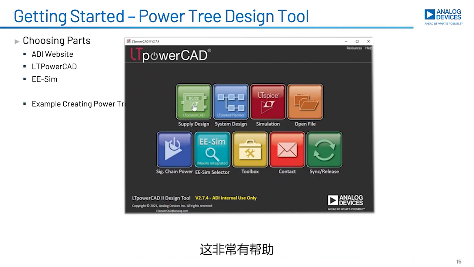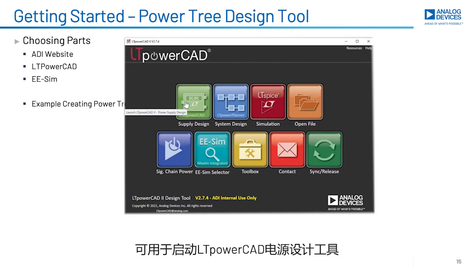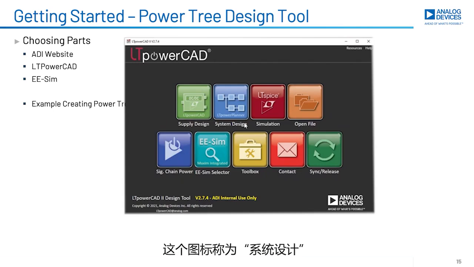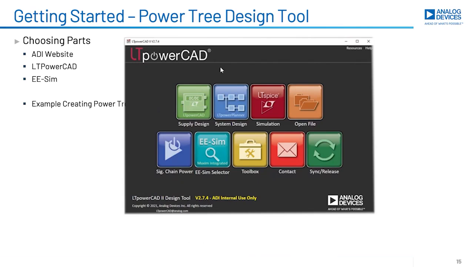It's very helpful. So the supply design icon, it looks like a little chip maybe, and that launches the LT PowerCAD power supply design tool. The icon called system design launches LT Power Planner. This is where we create the power tree.